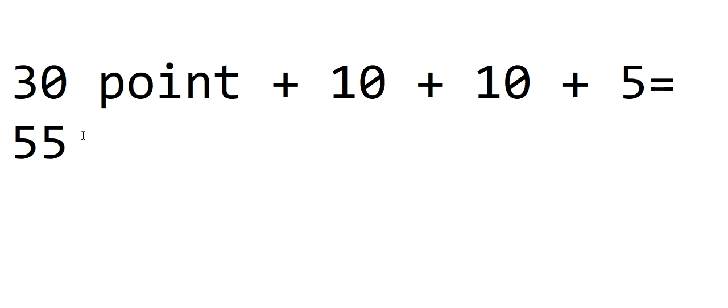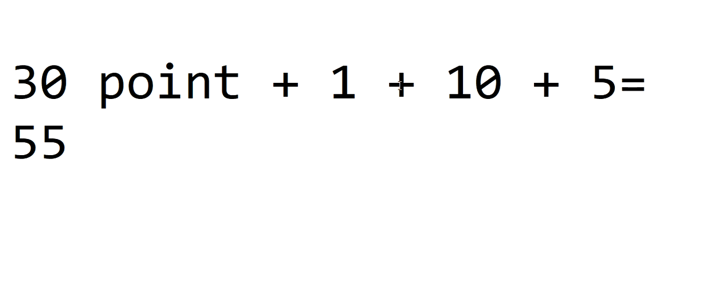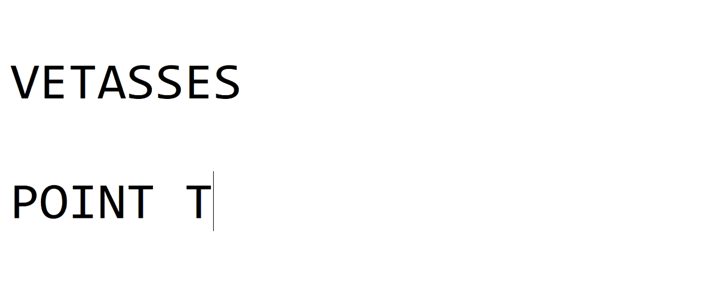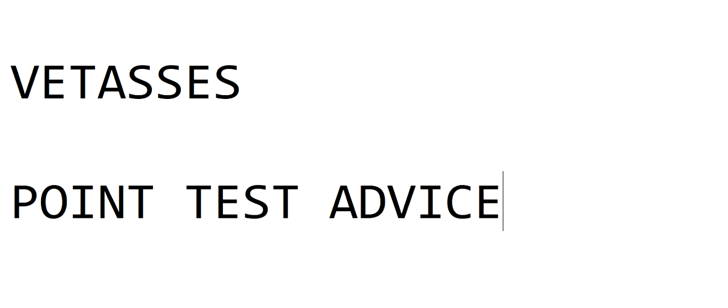So the one and only chance for me was to get my graduation recognized, because if I am able to get my graduation recognized, I'll be getting 15. So what I did, if you go to Vetassess, they have point test advice.